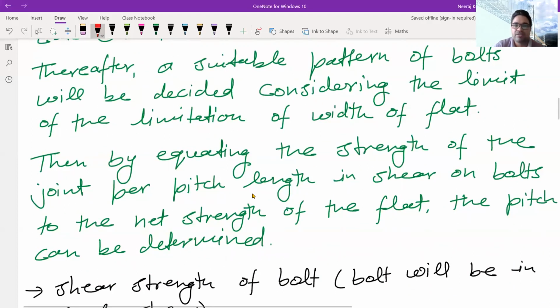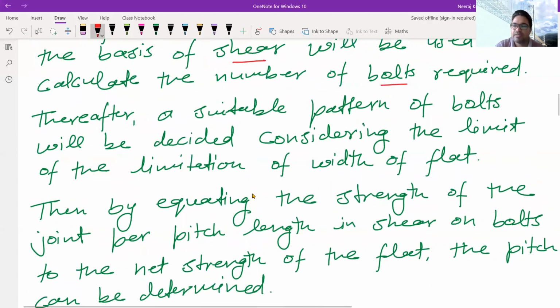It says thereafter a suitable pattern of bolts will also be decided. So once we calculate the number of bolts, we decide a suitable pattern, in what pattern we have to arrange the bolts, and we will decide on the basis of the limitation of the width of the flat. Only 200 mm width is there, so we will decide the arrangement of bolts based on that.